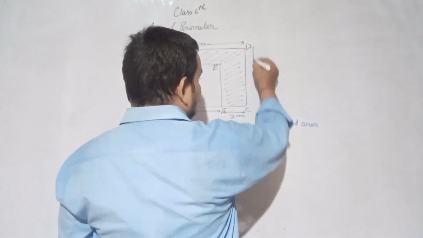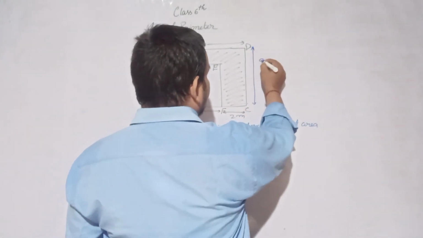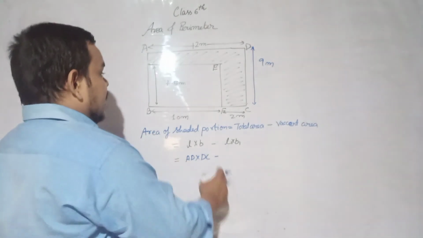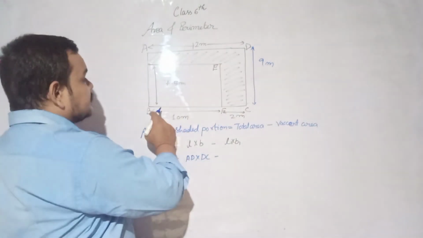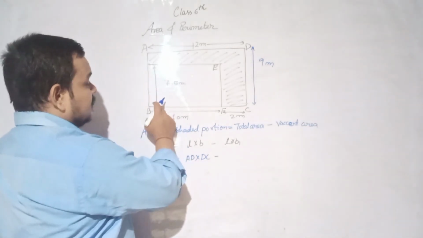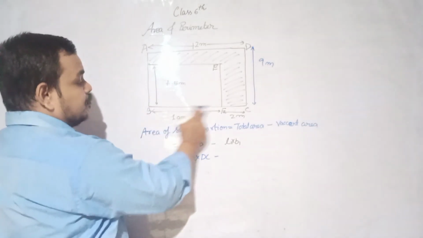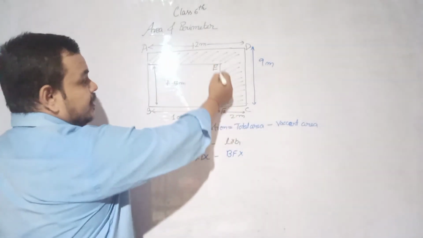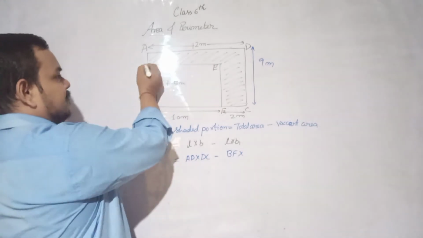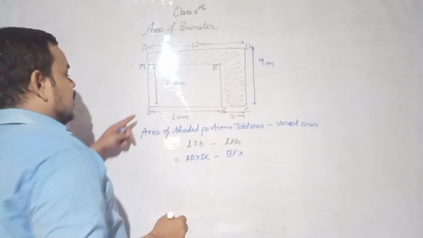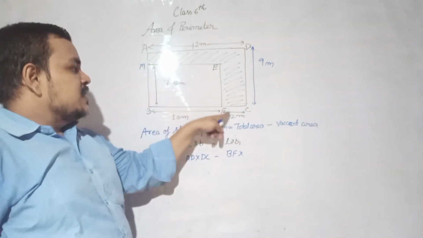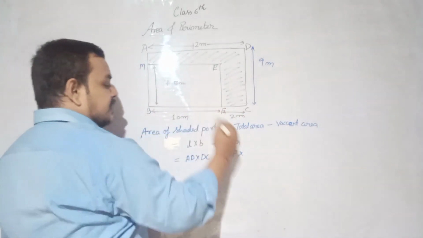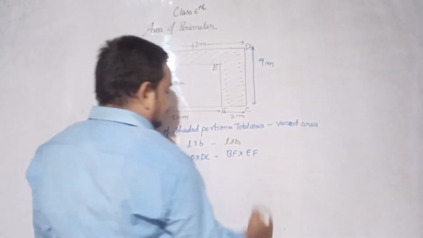See, this length DC is given as 9 meter. So AD multiplying with DC, and L1 is given, means this portion, BF multiplying with EF. I have given this name, MB is equal to EF. Either you can write MB or EF, but here EF is given, so we will write EF.